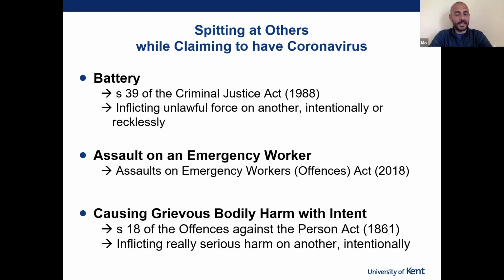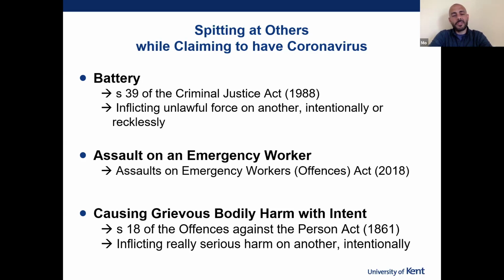If that is the case, we have another rather old offence of causing grievous bodily harm with intent, which is based on Section 18 of the Offences Against the Person Act. This is another Act of Parliament that you will be studying as a major part of criminal law.